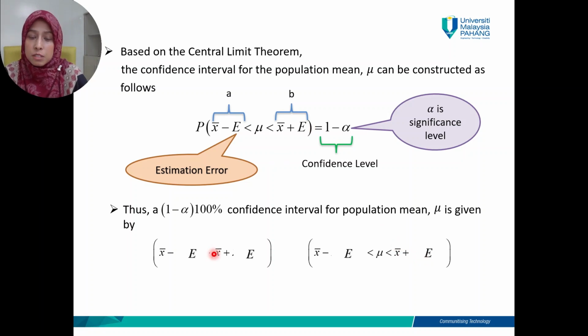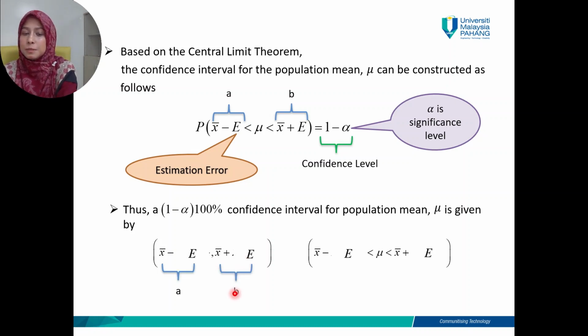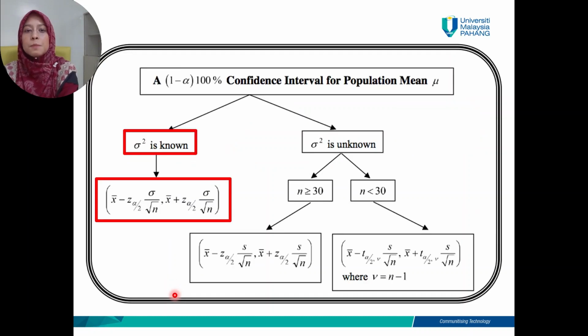So these are three different ways that you can write down your confidence interval. The important thing is that you understand the general formula for the lower boundary is x bar minus e, and the general formula for the upper boundary is x bar plus e.